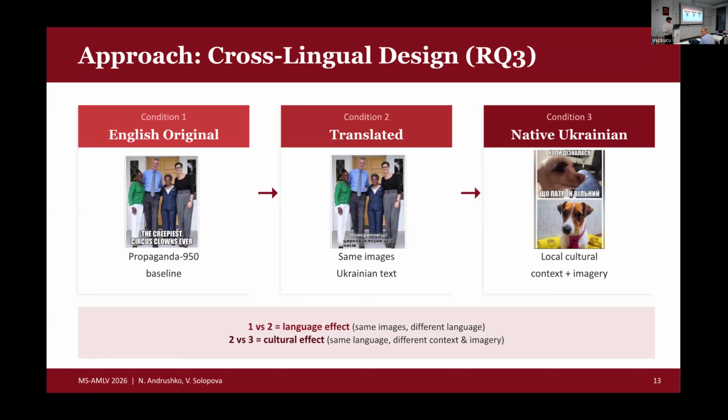If we take the first and second columns, and if we take the first and third, these are different cultural contexts. So there are two different axes of comparison: the first is cultural context, and the second is language. This is how I got it.